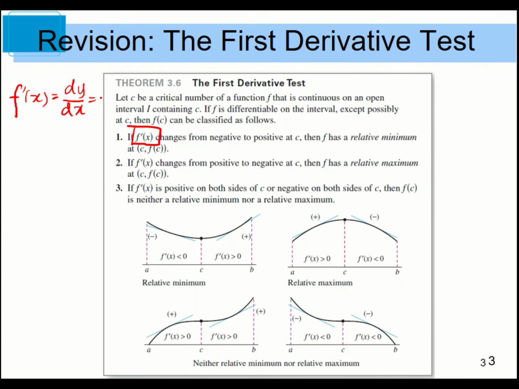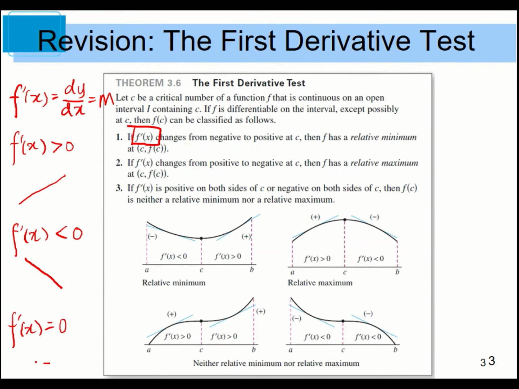When f prime is positive, the slope is positive and the curve is increasing. If the first derivative is a negative value, the curve is decreasing. And when the first derivative is 0, the curve is a horizontal line.